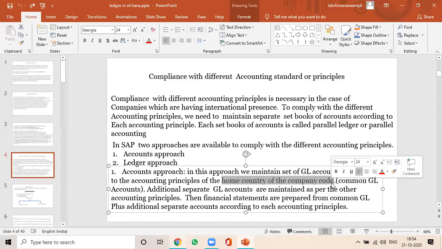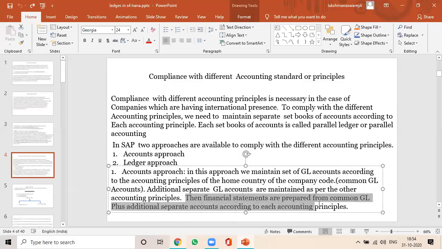Then there are some exclusive GL accounts to be maintained according to different accounting principles. These GL accounts are also maintained in the same set of GL accounts. So additional separate GL accounts are maintained as per other accounting principles. Then the financial statements are prepared from the common GL accounts plus additional separate accounts according to each accounting principle.